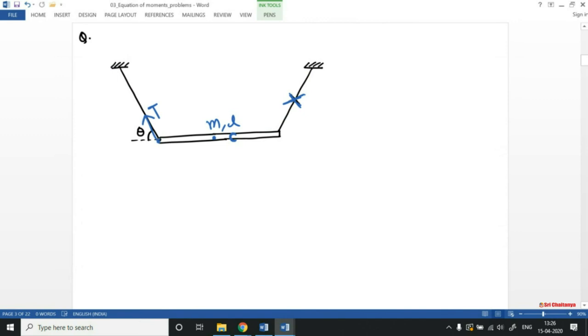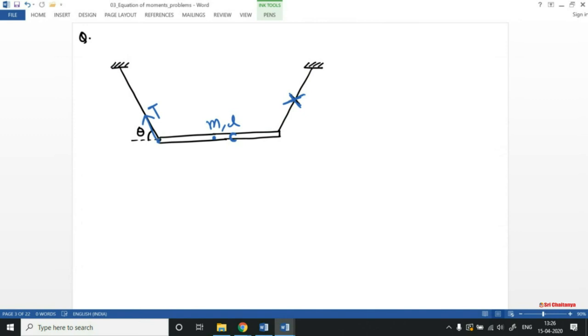So when we will be writing the equation of torque about any point, it would be a non-inertial frame of reference. So in that case, we have to consider the torque due to pseudo force also.